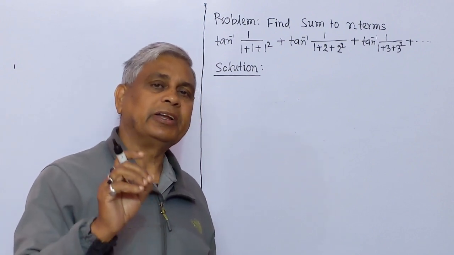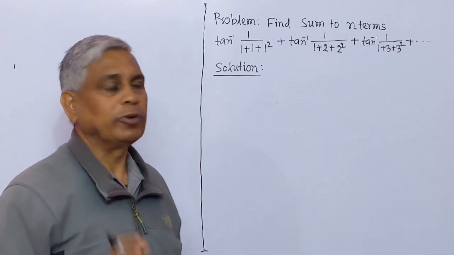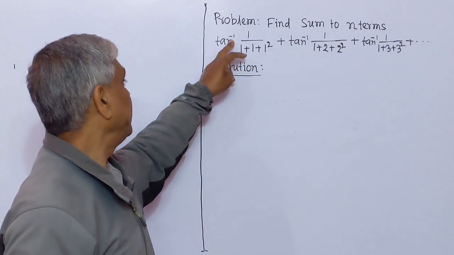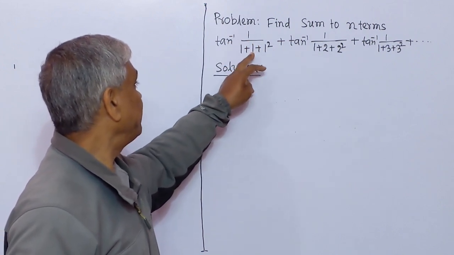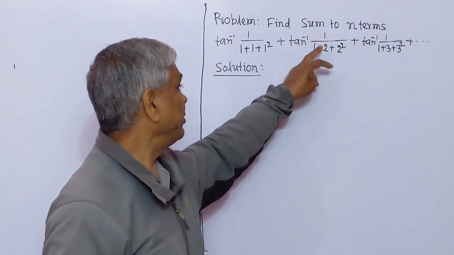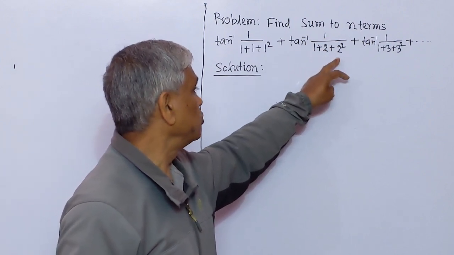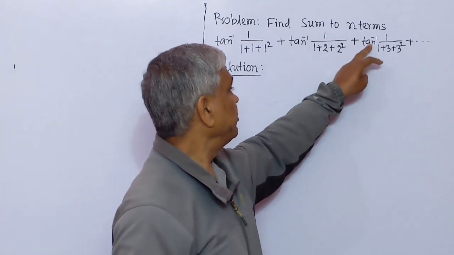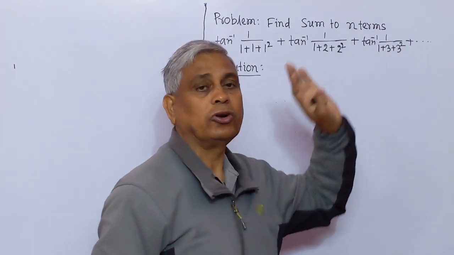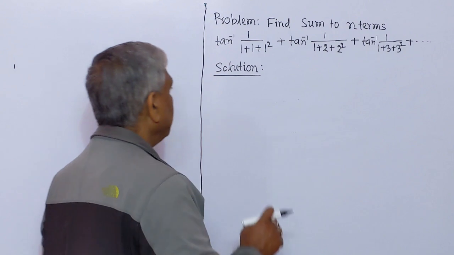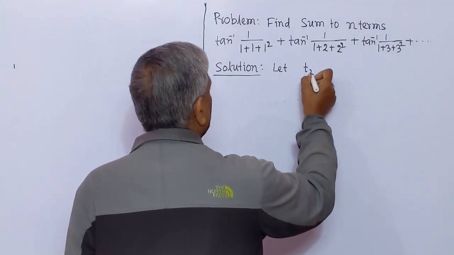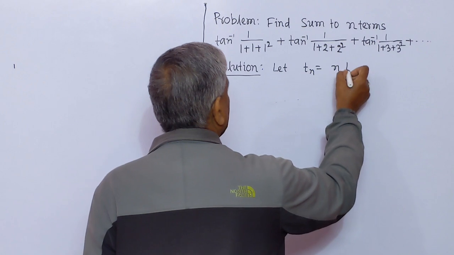Now we solve the next problem. Next problem is: find sum to n terms of tan inverse 1 by 1 plus 1 square plus tan inverse 1 by 1 plus 2 square plus tan inverse 1 by 1 plus 3 square plus dot dot dot. Let Tn equal to nth term.